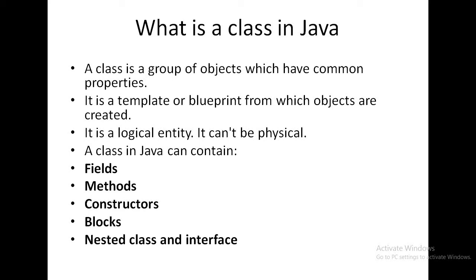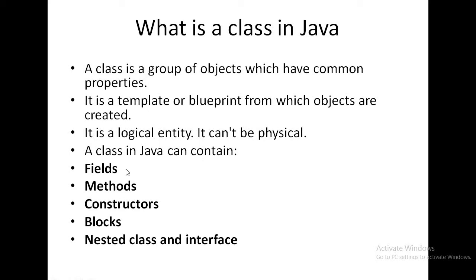These are the same type of objects, they come under the bird class. Animal is a class, tiger, cow. These are different objects of the same class. It is a template or a blueprint from which objects are created. It is a logical entity. It cannot be physical.